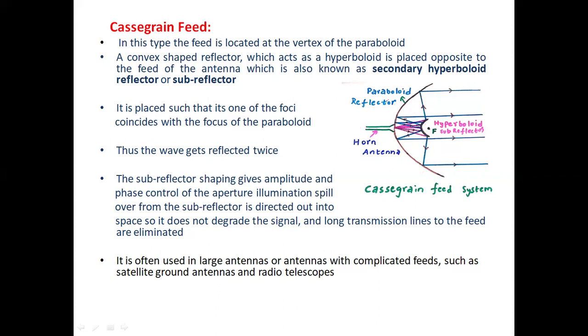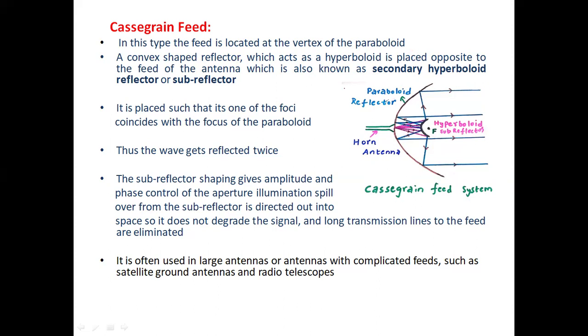So the horn antenna will be placed at the rear end. In the previous case we placed our horn at the front end, but here it is entirely different. And here the key mechanism is performed by this hyperboloid subreflector. So in this, what is happening? The feed is located at the vertex of the paraboloid, and a convex shaped reflector. Keep this point in mind.